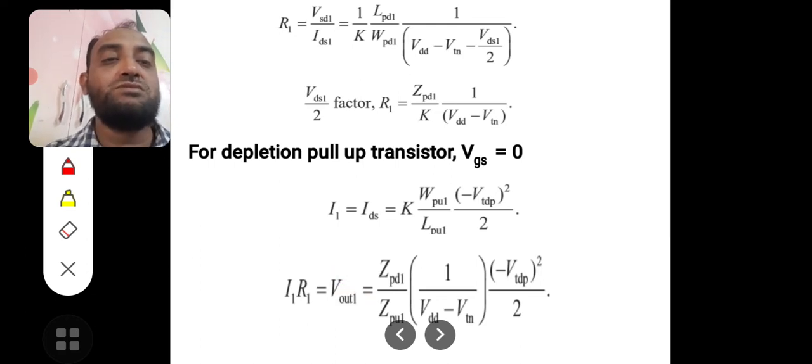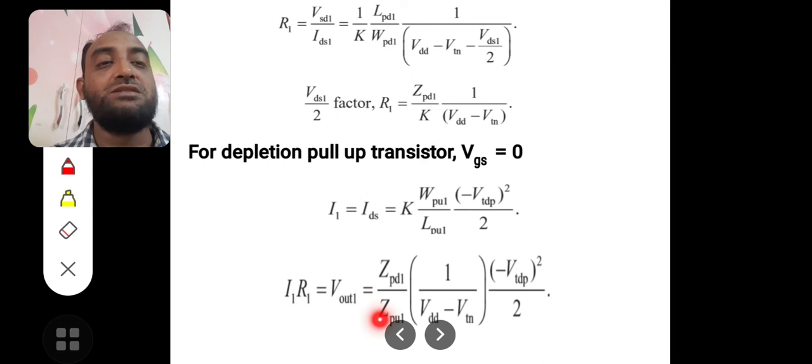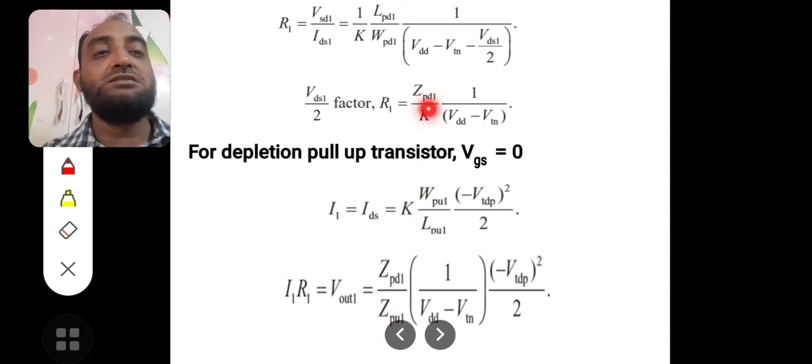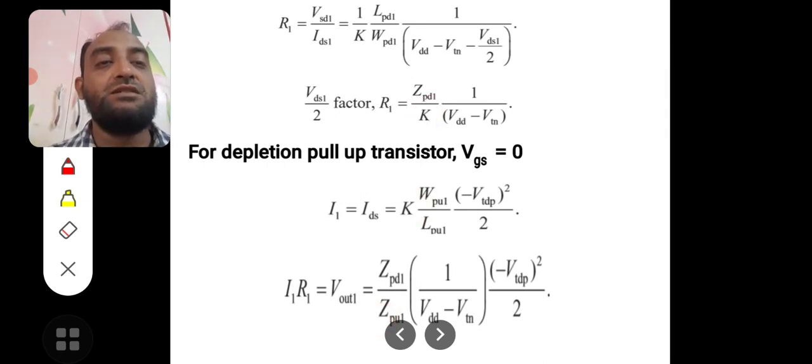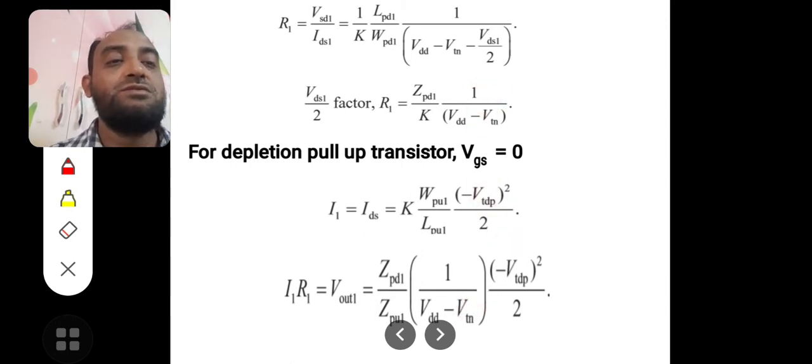So output is equal to ZPD by ZPU, that is why ZPU comes here. K is in the denominator, those will get cancelled. So ZPD by ZPU into 1 by VDD minus VT into VTP by 2.